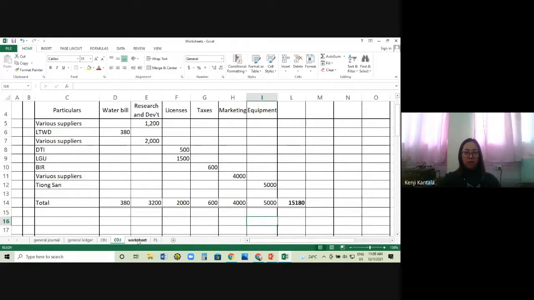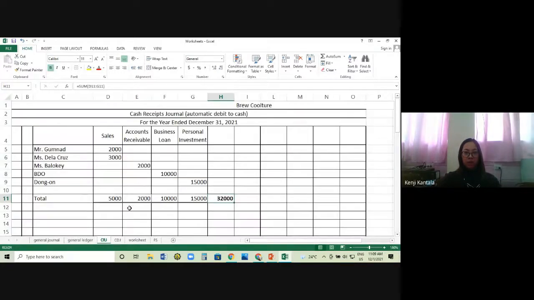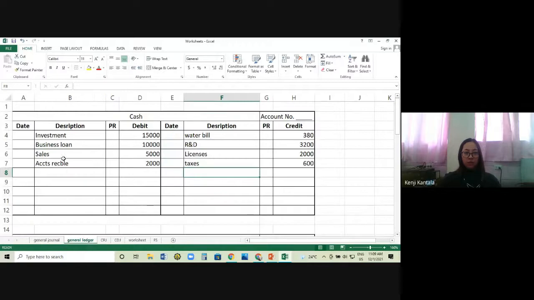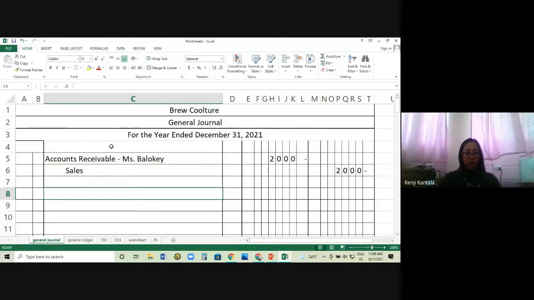We have marketing at 4,000 and equipment at 5,000. Okay, so andyan na-record na natin lahat ng transaction natin involving cash. So check natin sa general journal, may involve ba ang cash, may account ba tayo dyan na involve ang cash? Wala. So, okay na tayo.